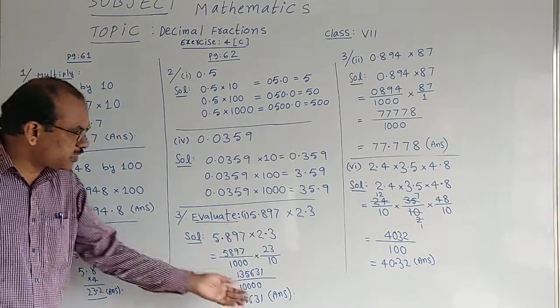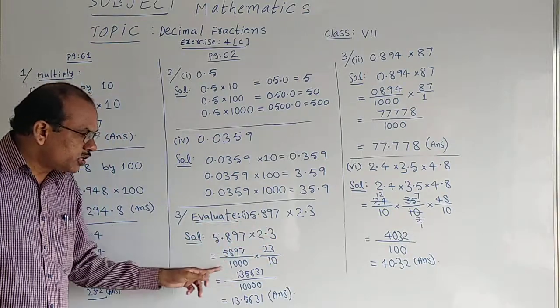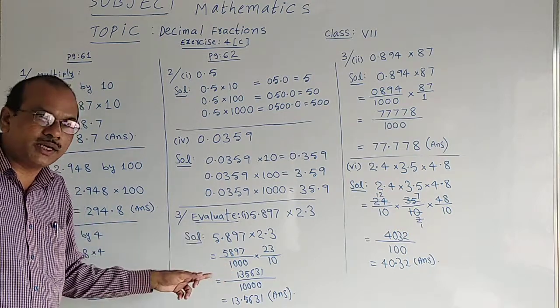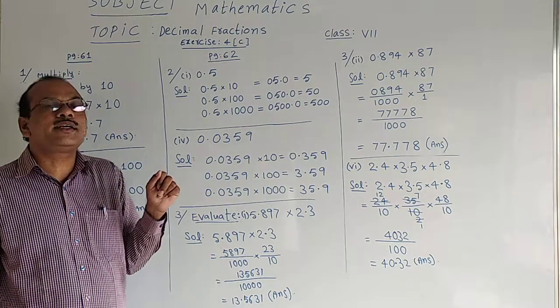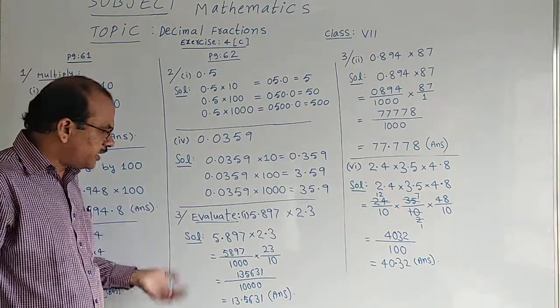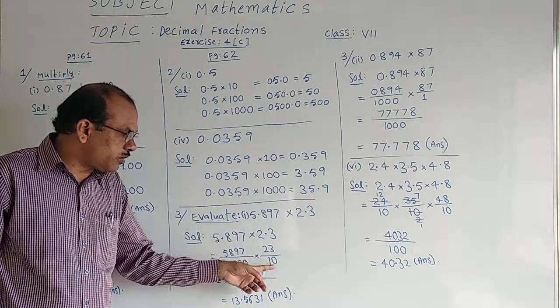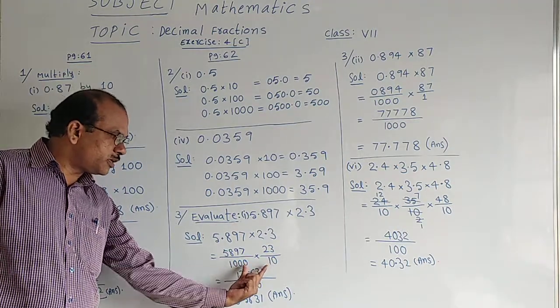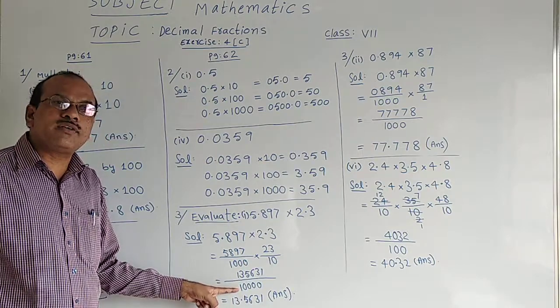Here the point which is after 3 digits is removed, so the number with 3 zeros, that is 1000, is placed in its denominator and no more point is written in the numerator part. I hope it is clear for you. Then 1000 into 10 gives you 10,000. So both the denominators are multiplied and 10,000 I have written.